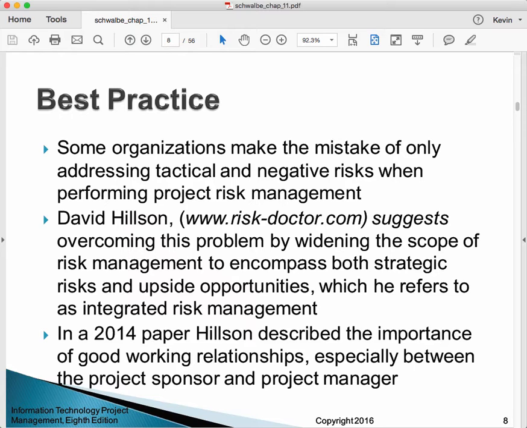You ought to be very close on this, okay? Because what is important is not only the taste that you have for risk, but what's more important is the taste that the project sponsor has, and if different, the taste that the organization as a whole has for risk.